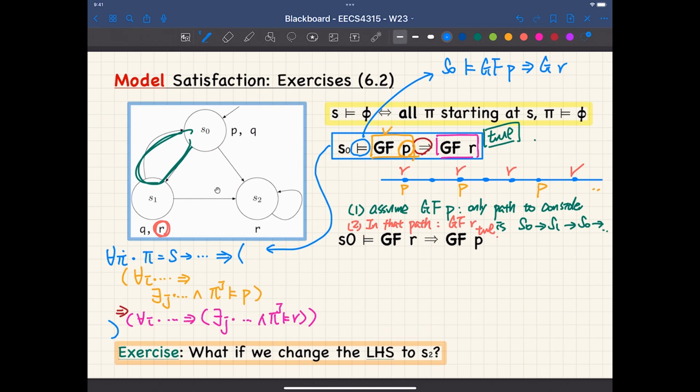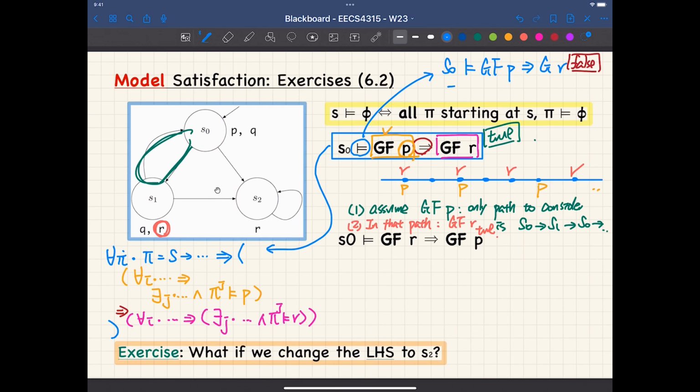By assuming the antecedents, we should really consider, again, this path over here. But now for this path, is it the case that R is always true? No. No, it's false, exactly. So this one, again, tells you that GFR and GR, they are different. Okay, hopefully that really makes sense. Okay, false.